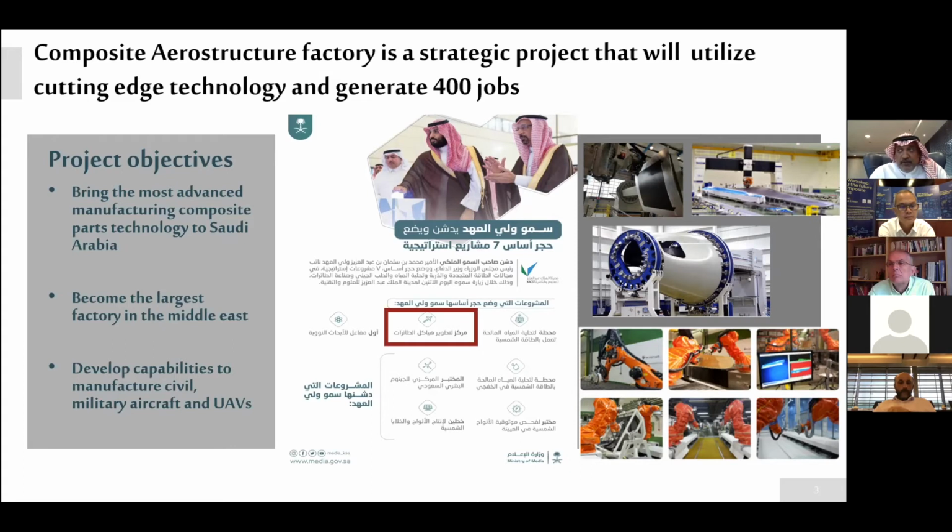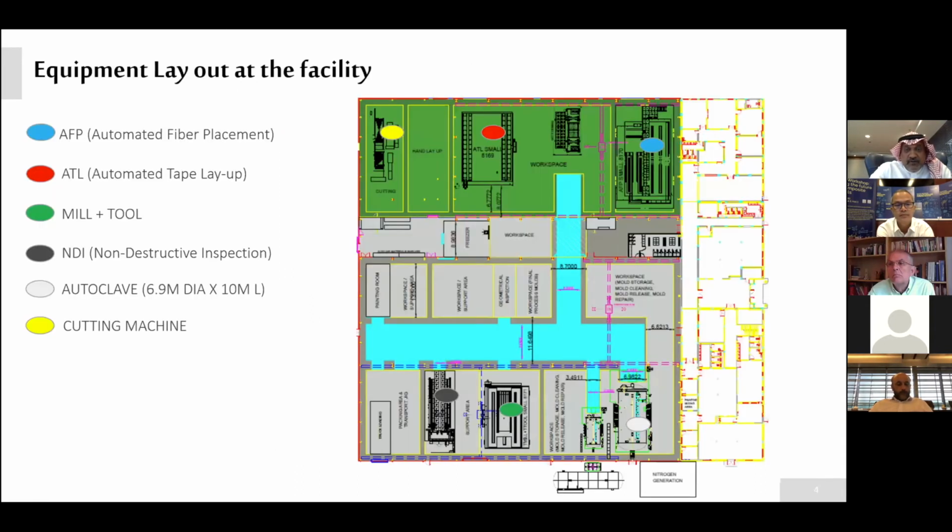And also, with this factory, obviously, we need to develop the capabilities to manufacture all different kinds of parts, civil, military, and even UAVs, even other parts, not just structure for aircraft. It can be for anything. If you design it, then program it, and you can make it. So this is a brief about the factory that is in the kingdom, utilizing carbon fiber thermoset parts.